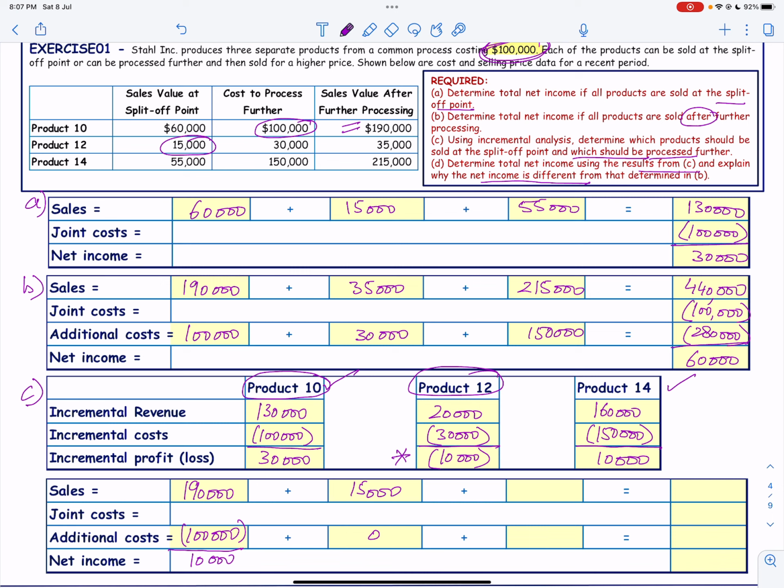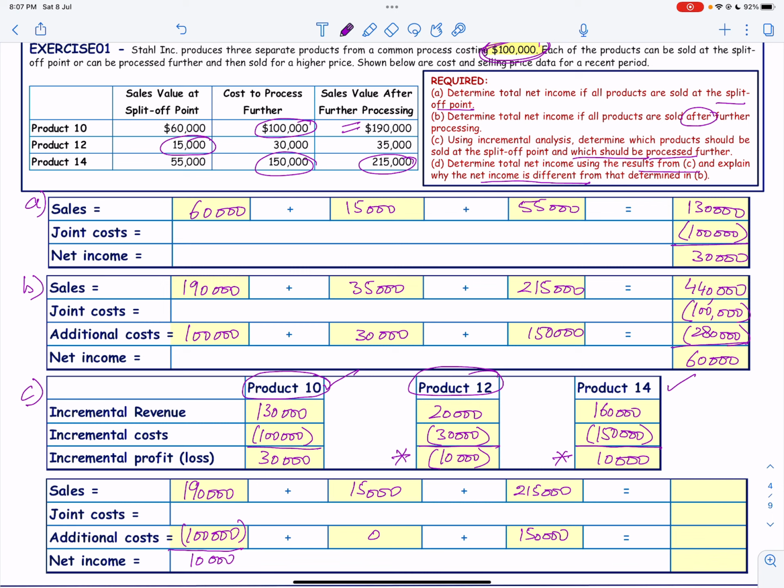Then we move on to product number 14, and this is making a profit of 10,000, so we will process further, so that is 215,000, and the additional cost will be 150,000.